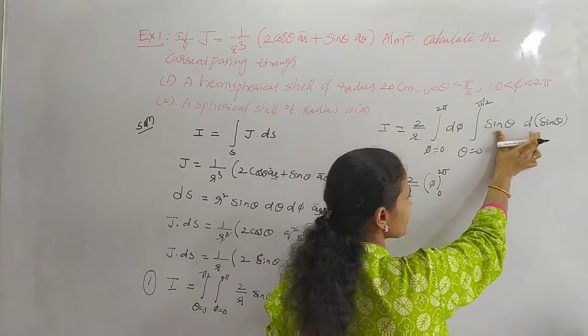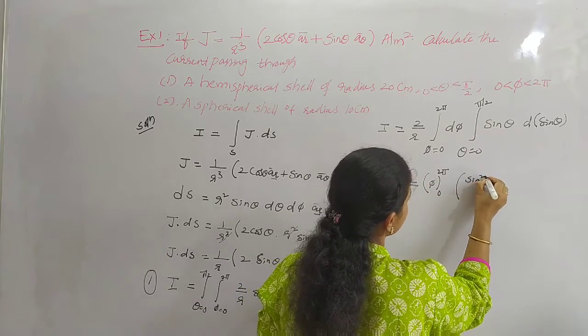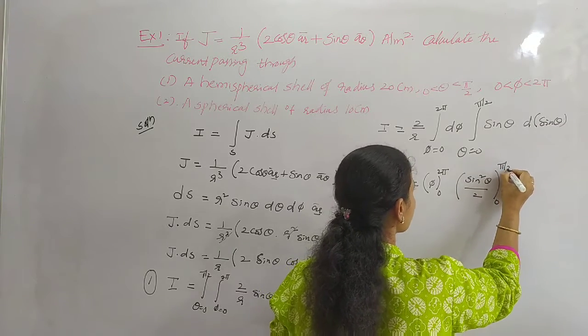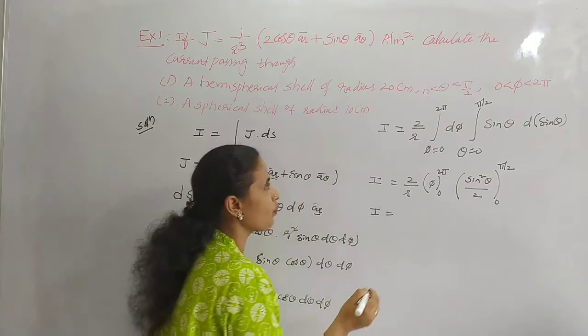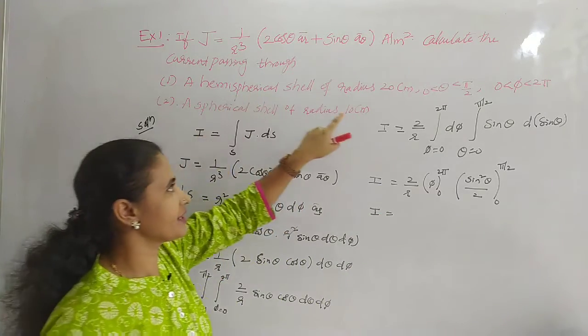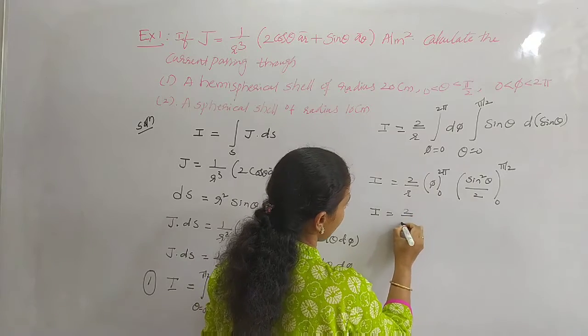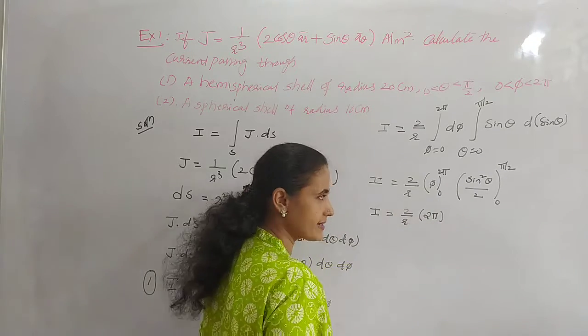And what is the integration of sin theta with the differentiation of sin theta? It is sine square theta by 2, with the limits 0 to pi by 2. So we are finding the current passing through one hemispherical shell with a radius of 20 centimeters. So this is 2 by r and 2 pi minus 0, 2 pi as it is.